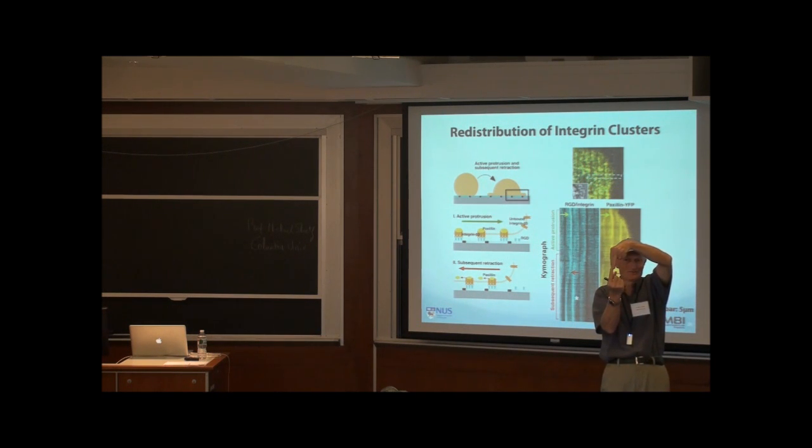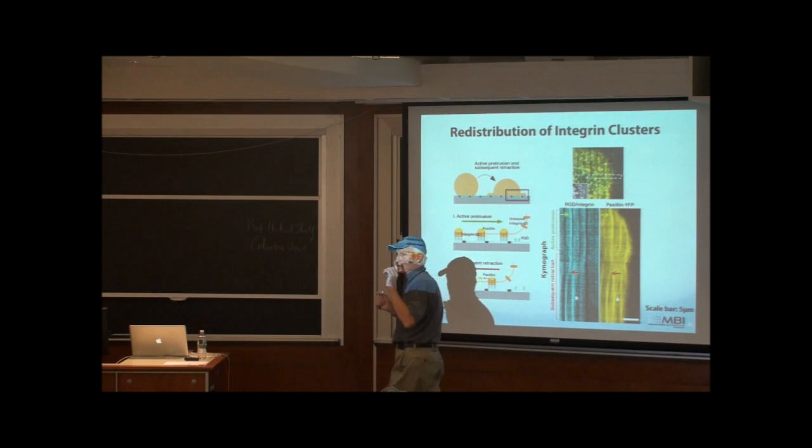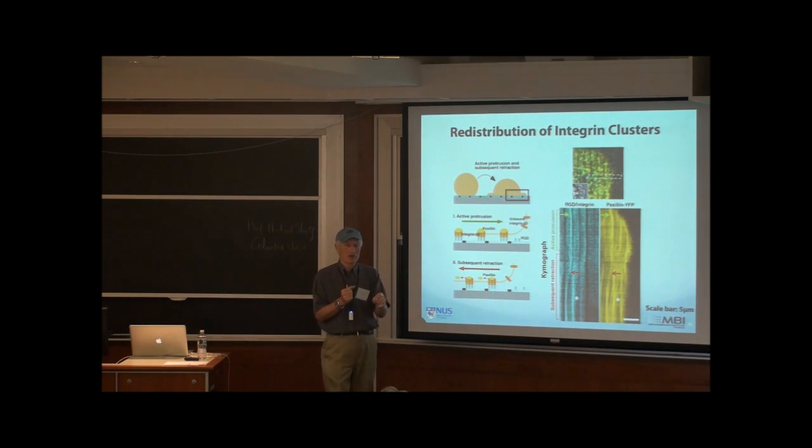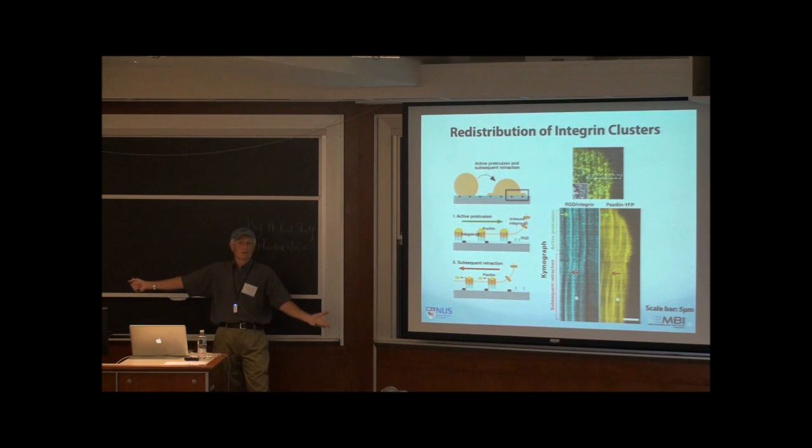So if there are no posts, meaning no force, they form still, but the cell doesn't spread. So the cell is asking and requiring, in a sense, that what it's binding to pull back. Consequently, it's not going to spread as a result of soluble fibronectin in serum, for example.